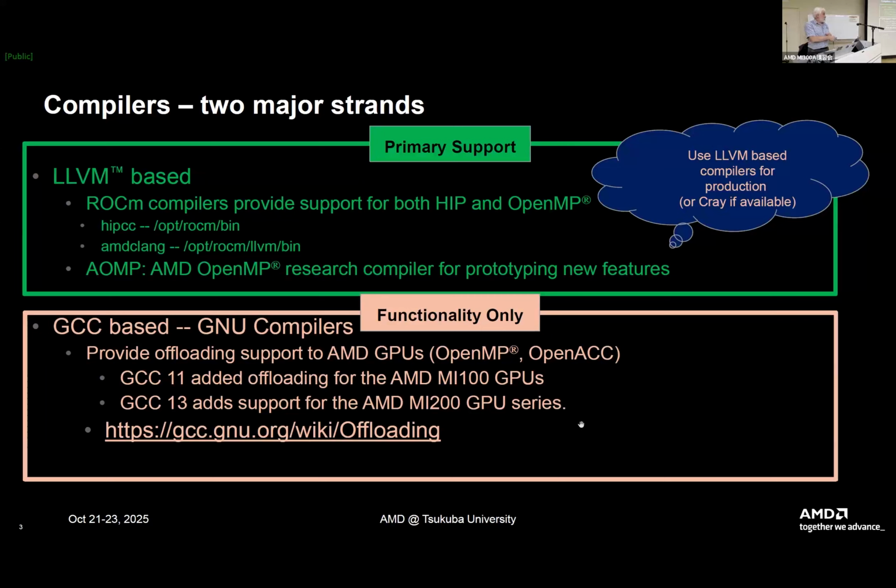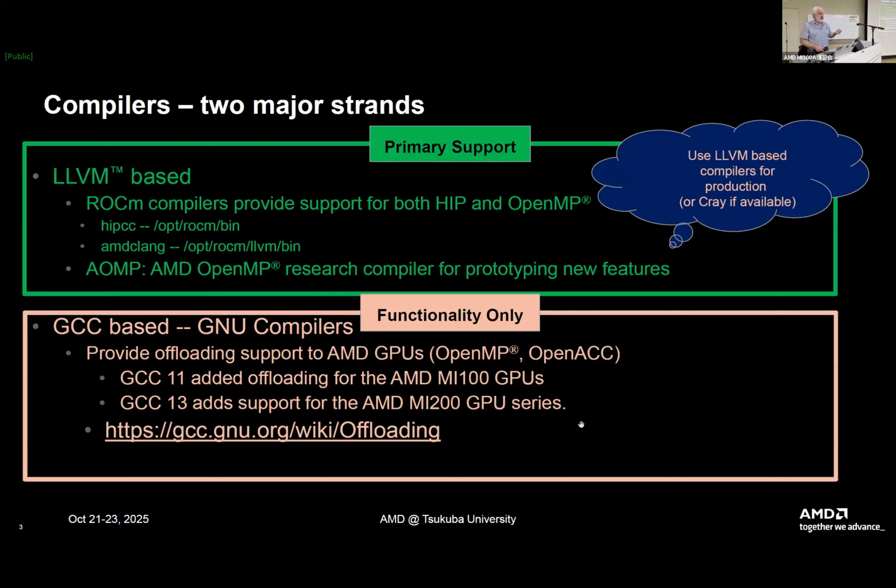It does provide OpenACC support though, and if you want to run it on your local laptop, it may provide you with some capability to test code. So we're really recommending LLVM, AMD Clang, and HIPCC.